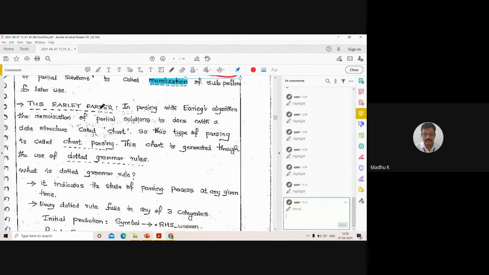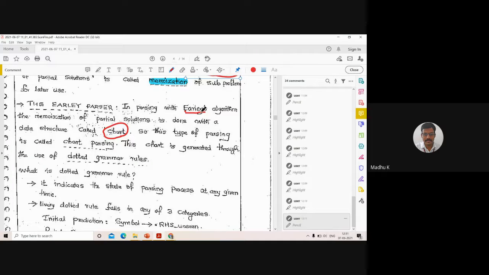In parsing with Earley's algorithm, the memoization of partial solutions is done with a data structure called a chart. So the Earley parsing algorithm uses memoization because it uses the dynamic programming approach.